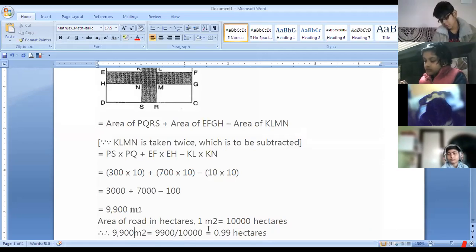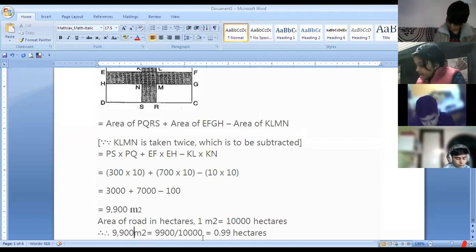So 9,900 will be divided by 10,000. So it will be 0.99 hectares.